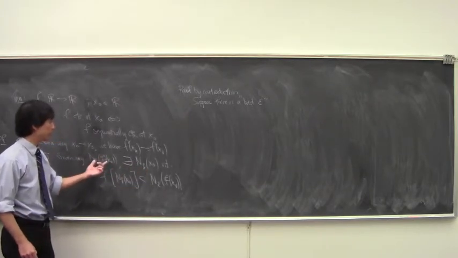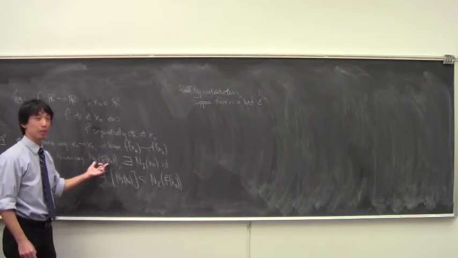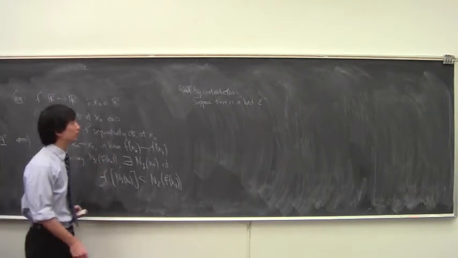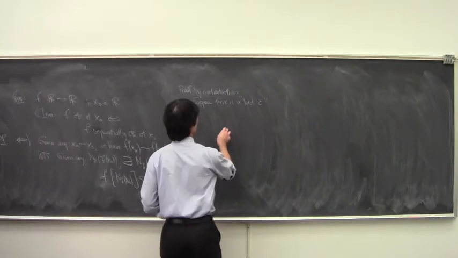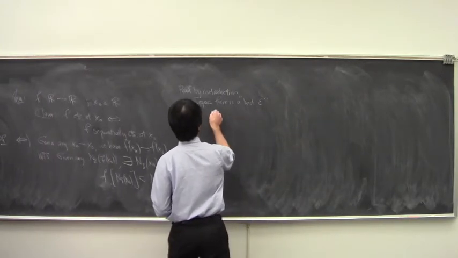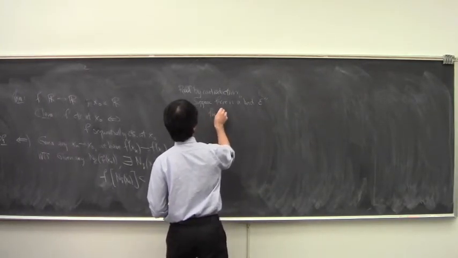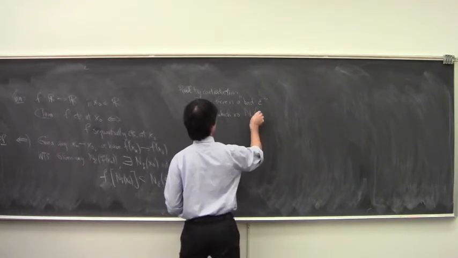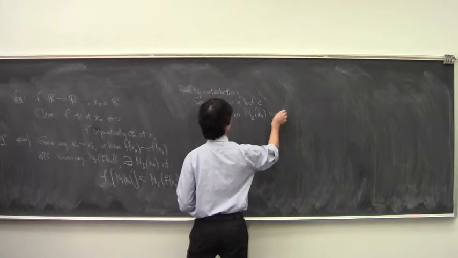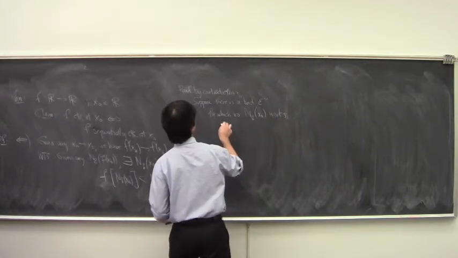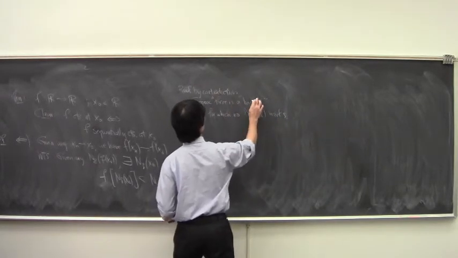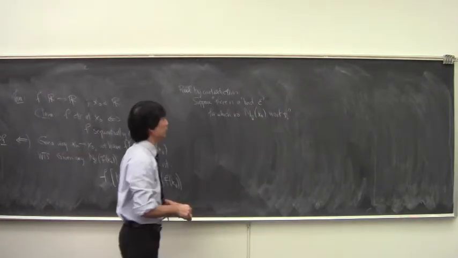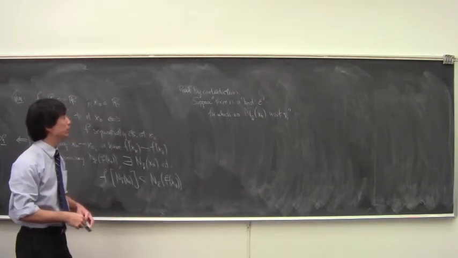That would be the logical negation of this. Suppose there's a bad epsilon neighborhood for which no delta neighborhood works. That's colloquially what it's saying.